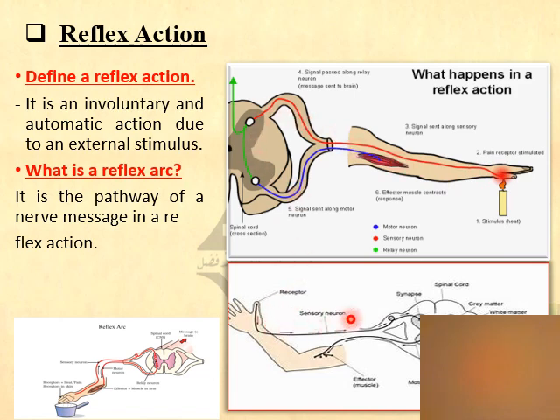This pathway, which takes place during a reflex action, we call a reflex arc. So what is a reflex action? It is an involuntary automatic action due to an external stimulus, and it takes place by a pathway called the reflex arc.